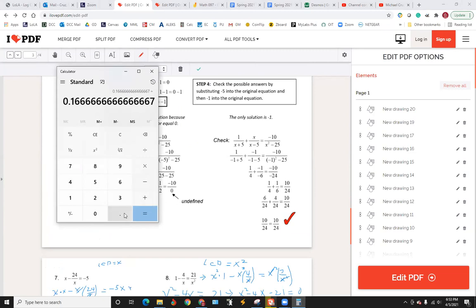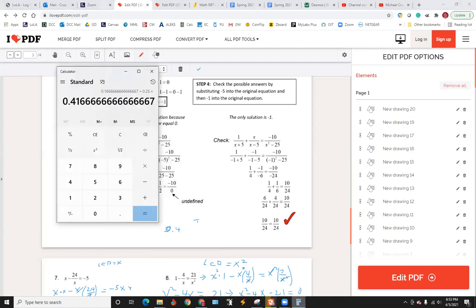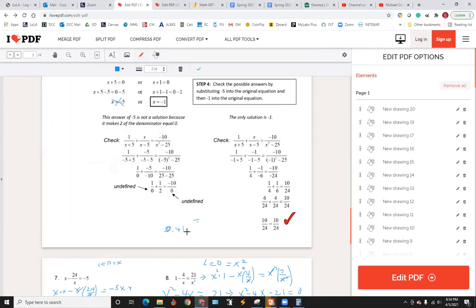So let's say you add 0.25 to it. It's supposed to be 0.416. And then if you do the same thing with the 10/24, you should get the same thing.